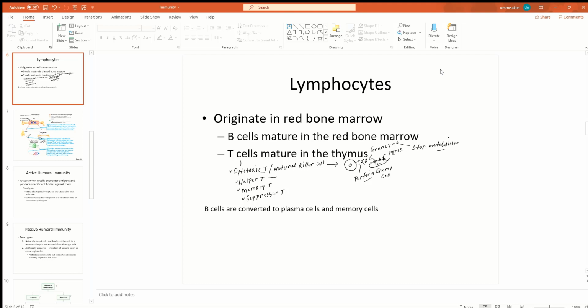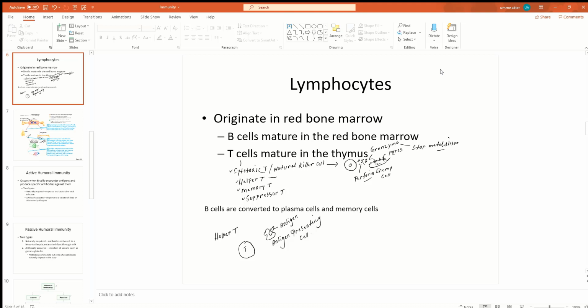Helper T cell. Helper T cell will do what? Let's write here helper T cells. This is the helper T cell. And for the helper T cell to work, you need another type of cell that is called the antigen presenting cell. And this is the antigen, the enemy that should be destroyed.